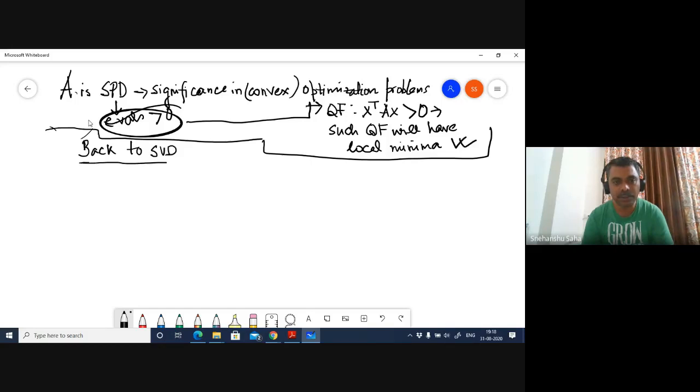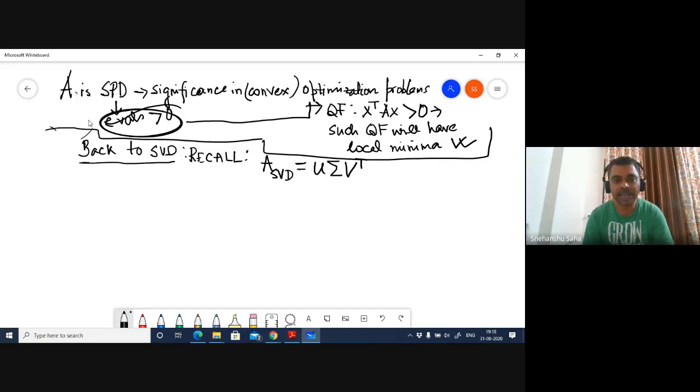Just so we recall, we are dealing with a non-square, a rectangular matrix, and what we want to do is to break this up into 3 pieces.